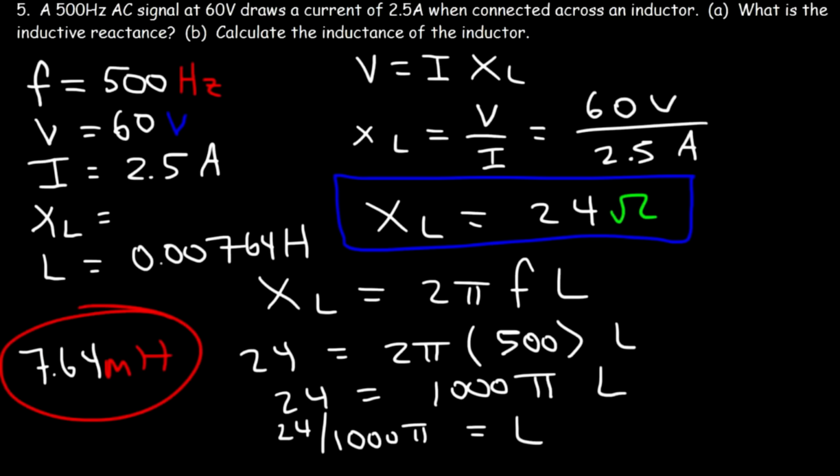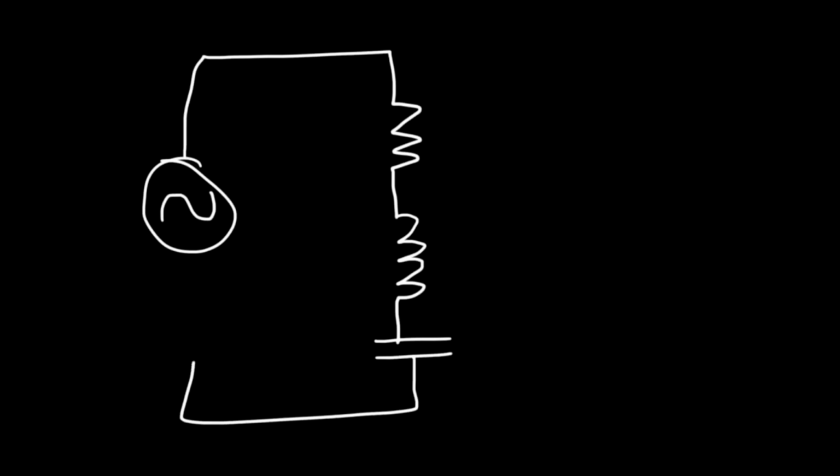So that's the inductance. Now, there are some other circuits that you need to be familiar with. Let's talk about 3 different types. One circuit contains a resistor, an inductor, and also a capacitor. So this circuit is known as an RLC circuit because it has all 3 elements.